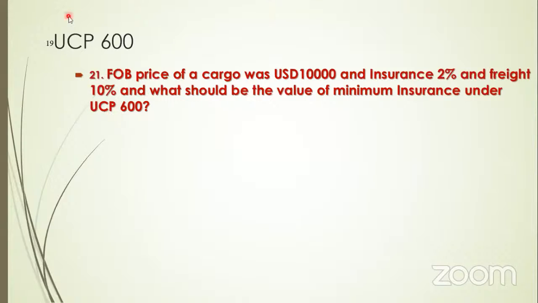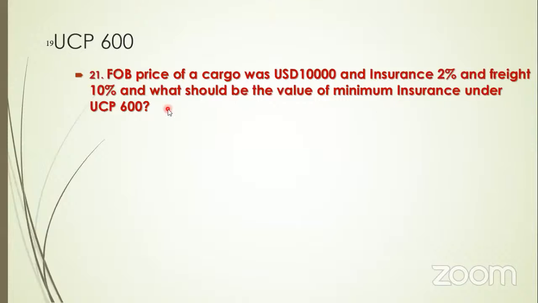You see, the FOB price of a cargo, this is a question they sometimes ask, because CAB will test your intelligence and smartness. FOB price of a cargo $10,000. Insurance 2%. Freight 10%. And what should be the value of the minimum insurance under UCP?